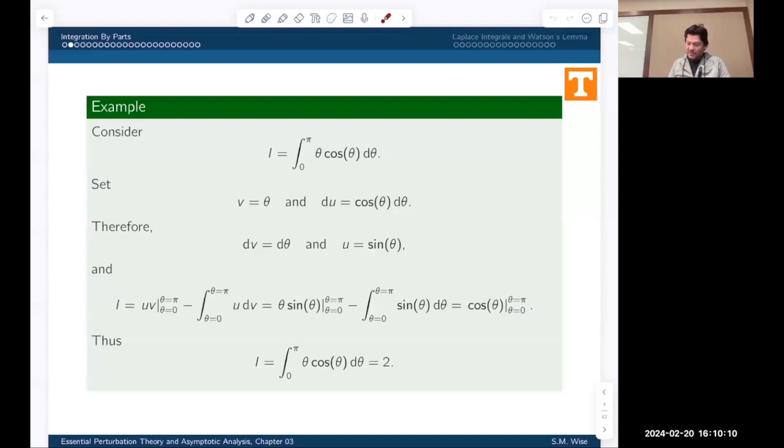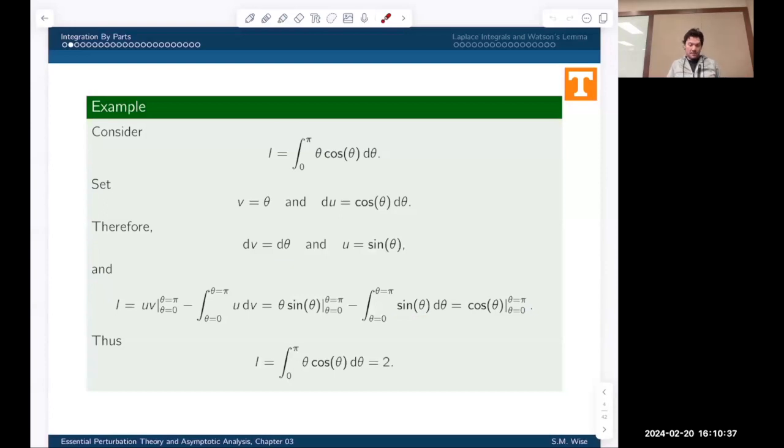Now that just leaves me with this integral. Remember, when I do integration by parts, I evaluate u and v at the endpoints, and I have minus the integral of u dv. So that gives me my minus with u, which is sine theta, and dv, which is just d theta. So I've simplified my integrand by doing the integration by parts.